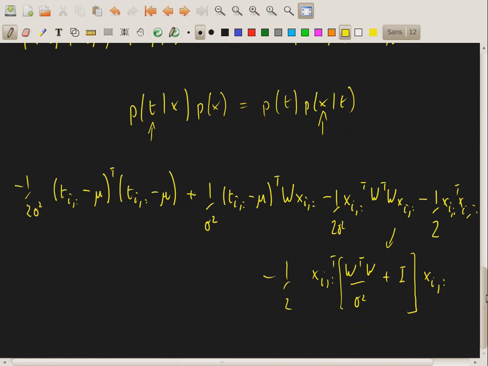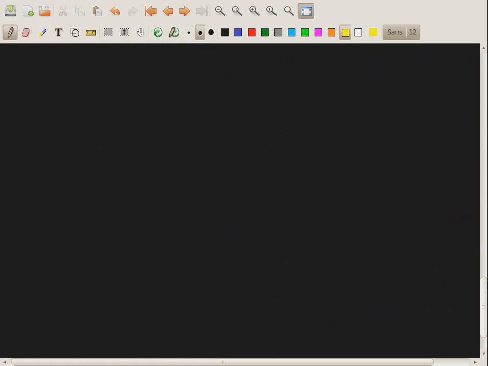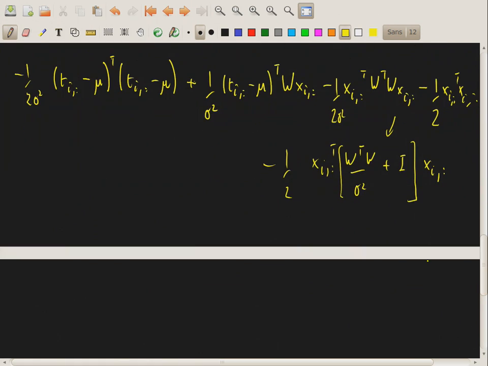It's the inverse of that, absolutely. So you really need to all get familiar with this. If I'm going to call that Cx, the covariance, then we now know that Cx is equal to W transpose W over sigma squared plus I, inverted.